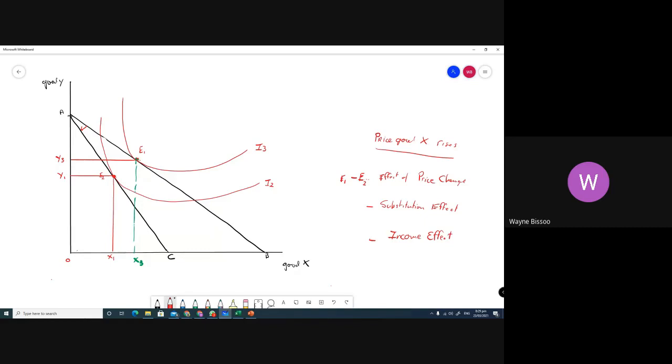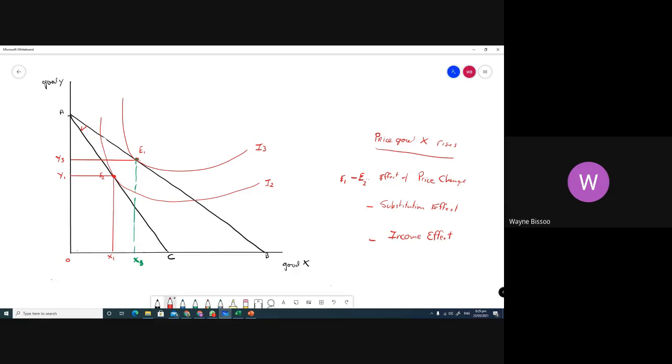Okay, so what we want to do to be able to differentiate between the substitution effect and the income effect is to hold one of them constant.